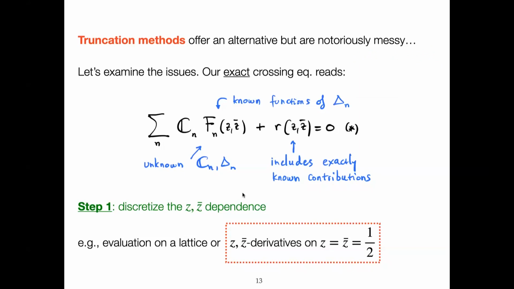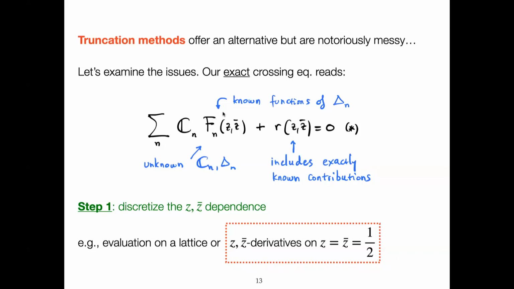So this goes under the category of truncation methods, which offer an alternative. They have been studied a little bit in the past, but they are not the mainstream. And the reason they are not the mainstream is because they are notoriously messy and they have lots of systematic errors that you cannot control. So let me examine the issues that you have, how you proceed in this way and what issues you will encounter.